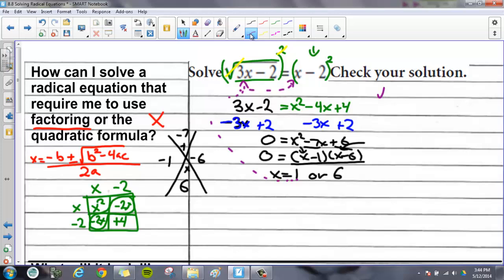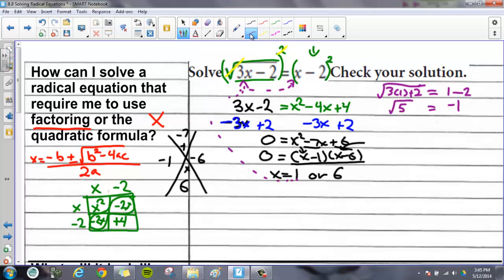So I have the square root of 3 times 1 plus 2. Is that equal to 1 minus 2? We know 1 minus 2 is negative 1, right? And 3 times 1 is 3 plus 2, that's 5, square root of 5.